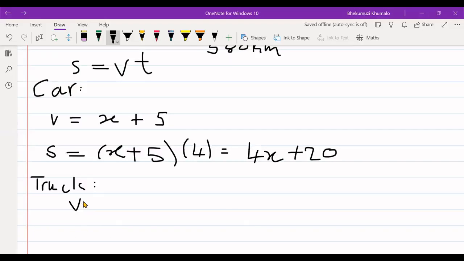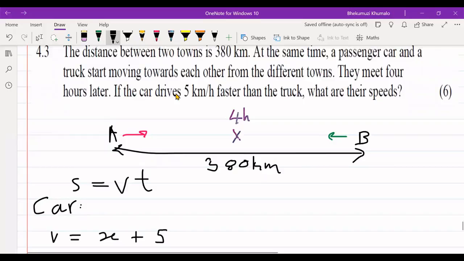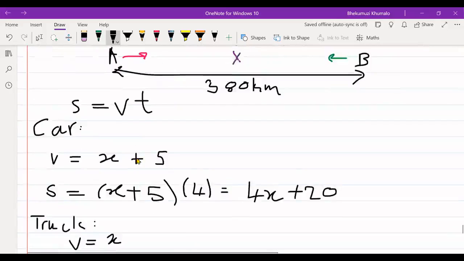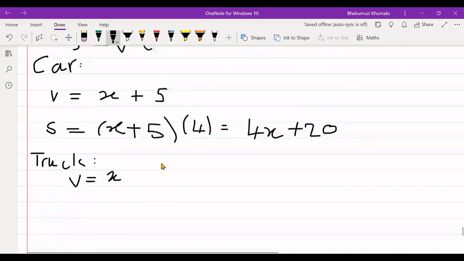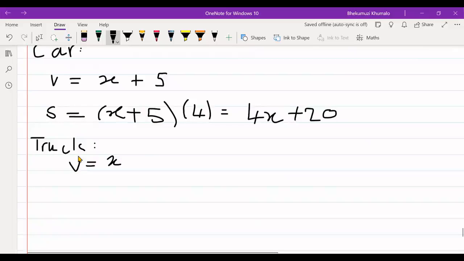The speed of the truck is just that x that we put there, because remember, the question said if the car drives 5 kilometers faster, it means it's just five more than the truck. And that's what we did. So the speed, which is v, is just x.